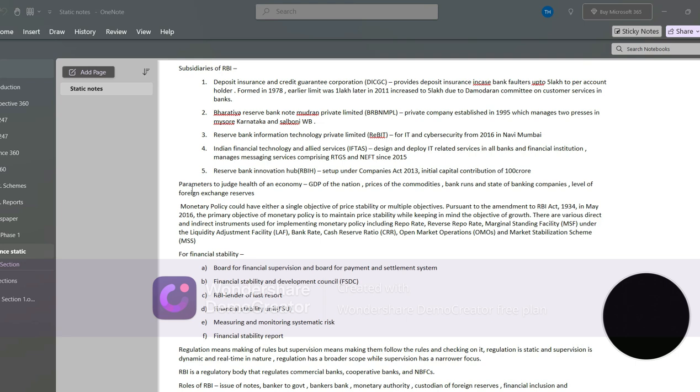As everyone knows, it is for creating new innovations. It is an initiative by RBI for new innovations in the field of finance, and it was set up under the Companies Act 2013, and its initial paid up contribution was 100 crores.